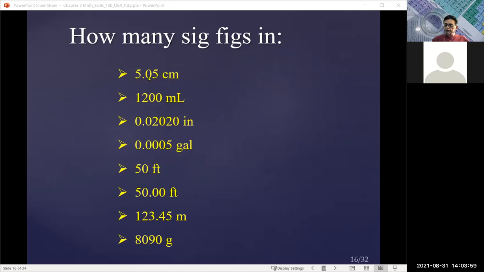Ask the 2 questions. Is there an integer in front of that 0? Yes, there's a 5. Is there a decimal point in that number? Yes, so it counts. If you forgot the rule about captive zeros, then those 2 questions will always help you out. 3, that's correct. What about 1200? How many sig figs?